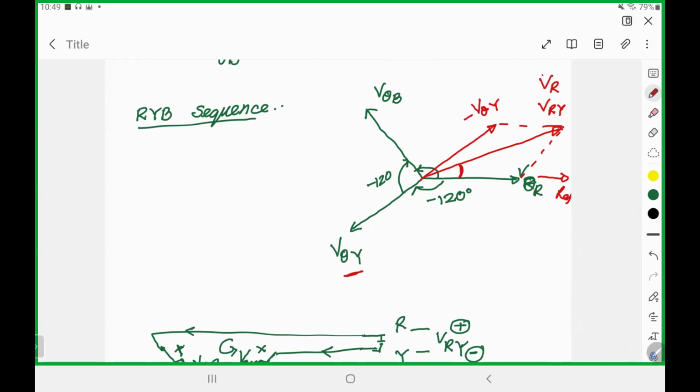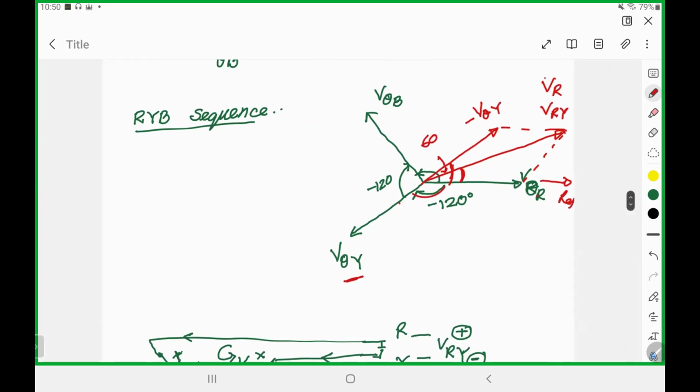This is my reference direction. So what is the angle between these two? How is it 30? Yeah, so this is 120 and this one would be 60, right? So this is a straight line and this is 120, and that will be 60. And these two quantities V theta Y and V theta R are the same amount, same length, same magnitude. Now, if you draw a rectangle and connect a diagonal, then it will split this angle into half because two of them are the same length.